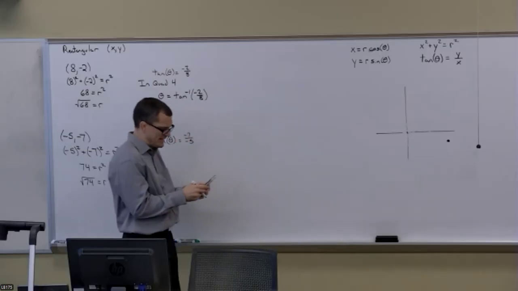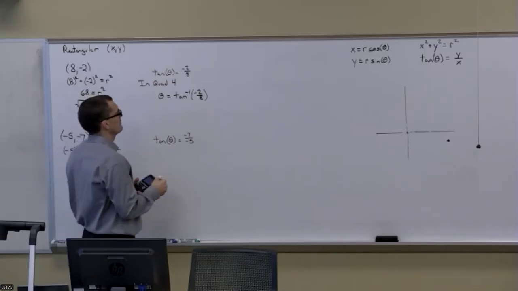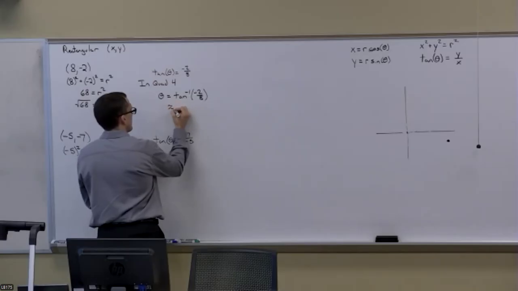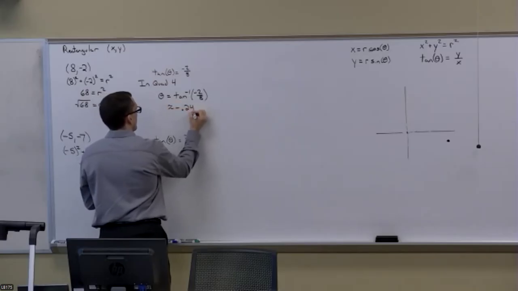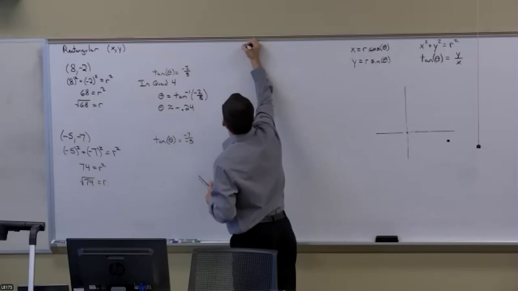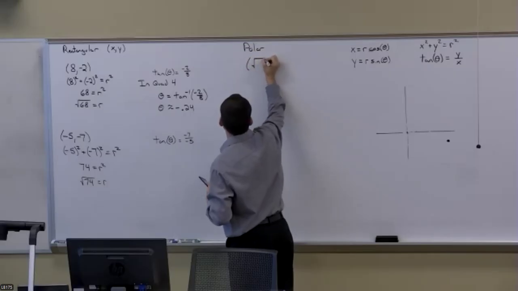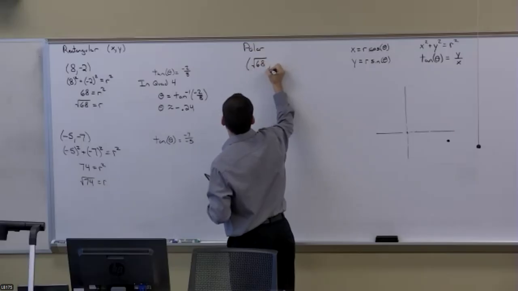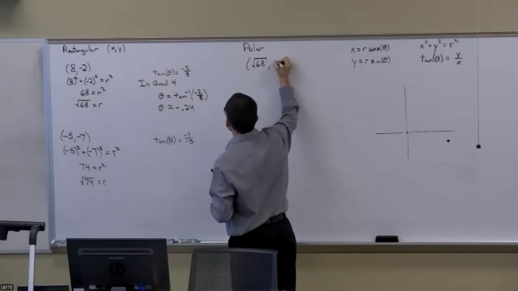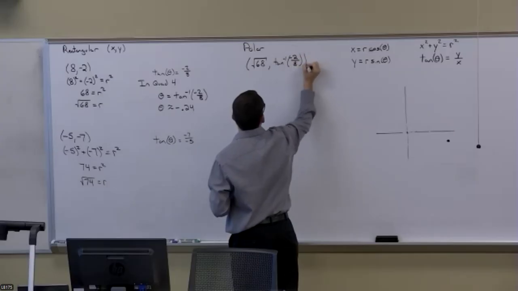And that is -0.24 roughly, radians. So in polar form, this point would be, again, the exact value would be root 68 comma inverse tangent of -2/8.